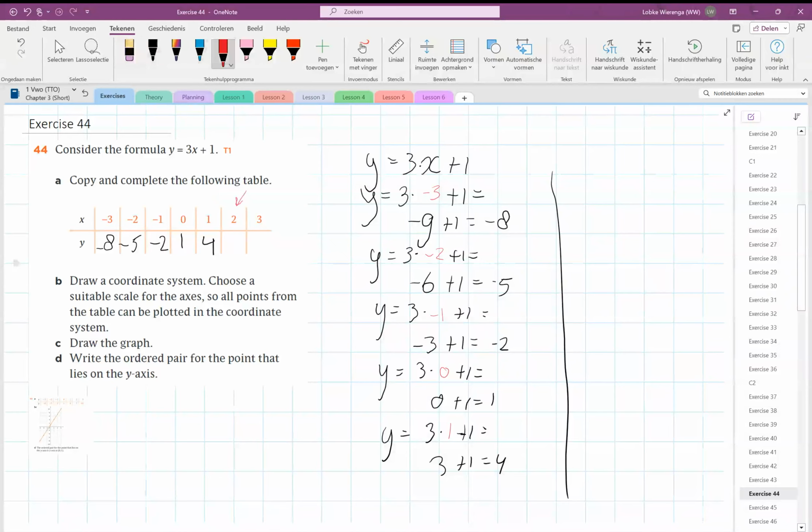Next one, we replace it with a 2. So we get y is 3 times 2 plus 1, which is 6 plus 1, and that's 7. And last but not least, we replace the x with a 3. So you get y is 3 times 3 plus 1.